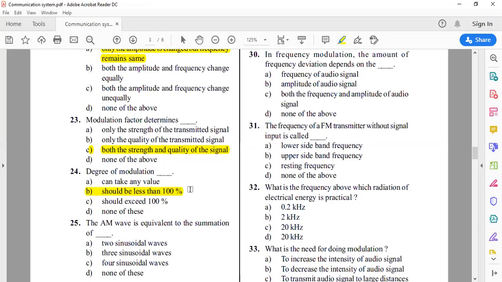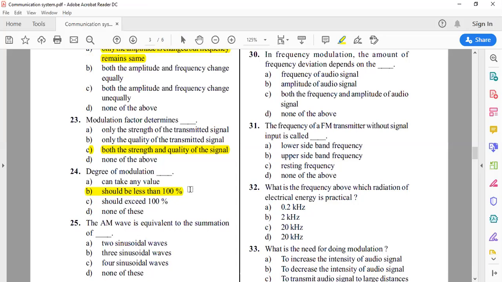Next one, question number 25. The amplitude modulated wave is equivalent to the summation of three sinusoidal waves.